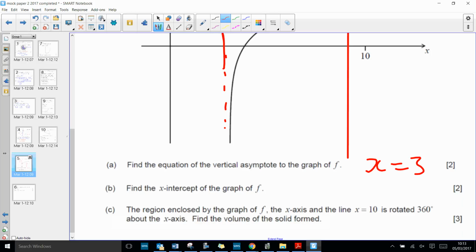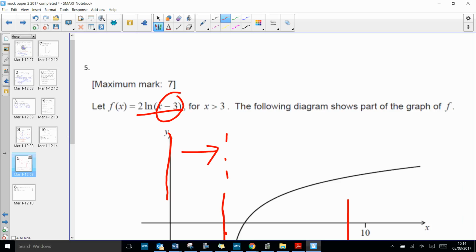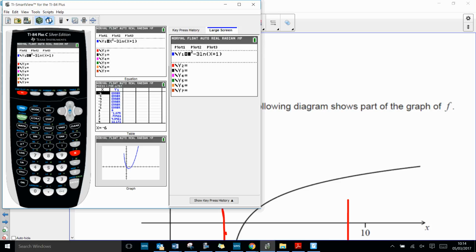Find the x-intercept of the graph. The easiest way of doing that is to draw a graph on the calculator: 2 ln x minus 3.